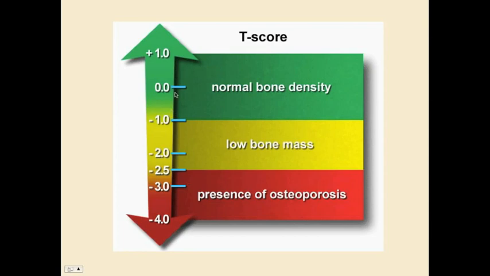So here's 0, normal bone density, that's your control, and then -1 to -2.5, so T-scores, that's standard deviations below 0. That's osteopenia, and then if it's more than 2.5 standard deviations below normal, then it's osteoporosis. And we treat this with bisphosphonates, alendronate, ibandronate, etc.